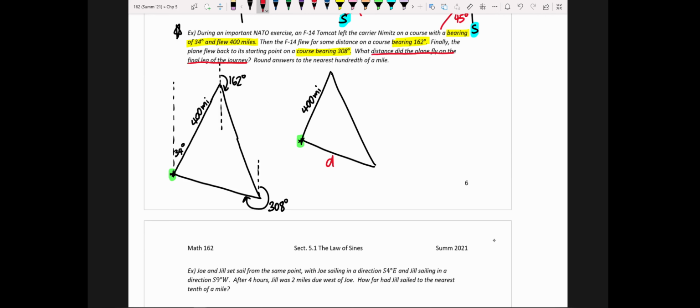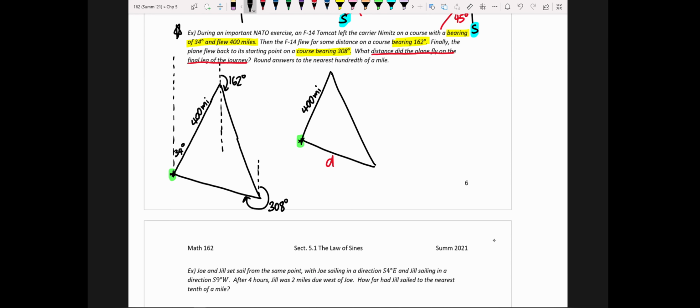Okay. So in order to solve for D, we need more information. So far we only have one side. We need more information to solve our oblique triangle. So let's look at the bearings to help us. Okay, so the first thing I'm seeing from geometry is we know that when parallel lines are cut by a transversal, alternate interior angles are congruent.